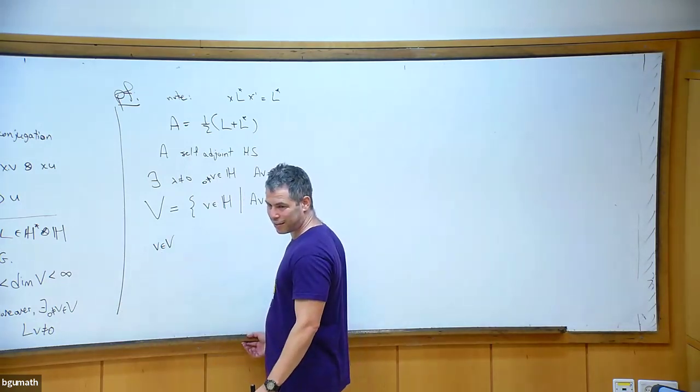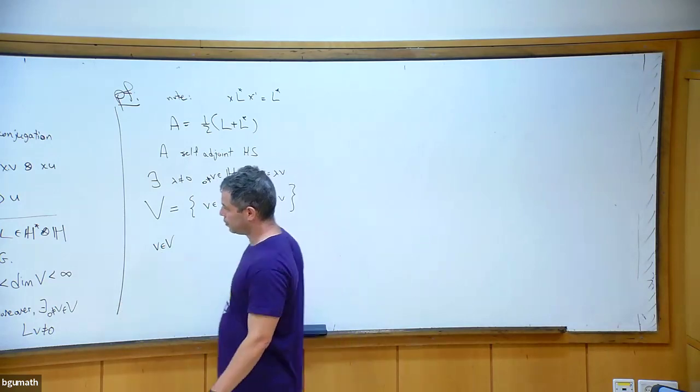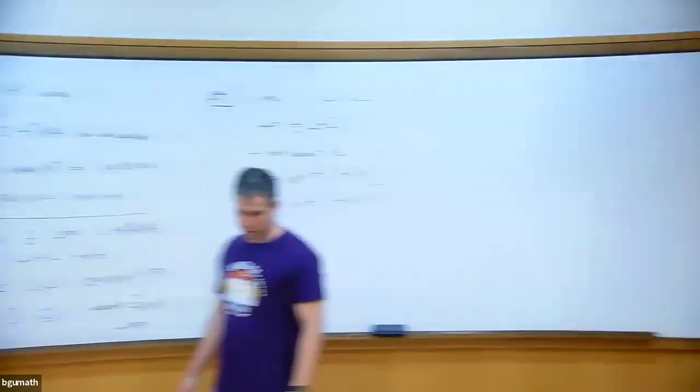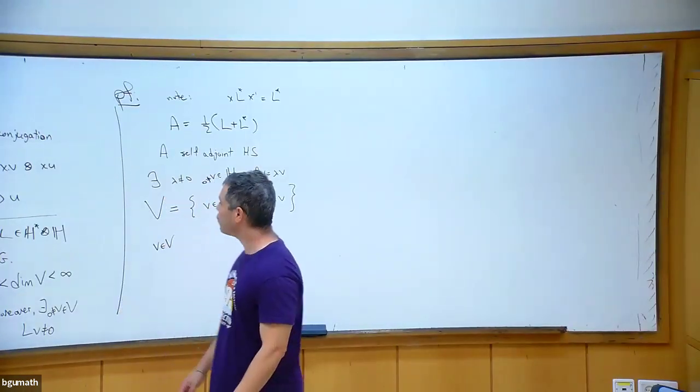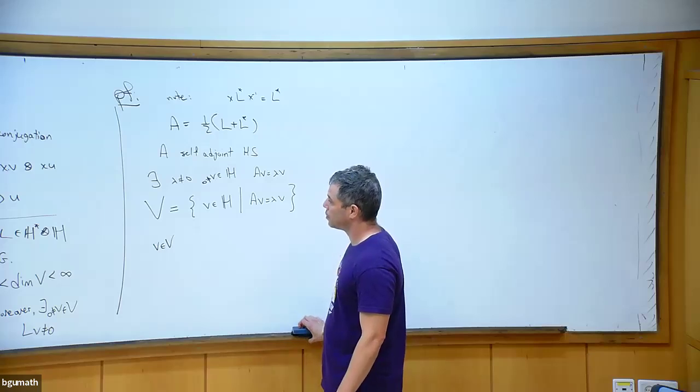We also need to know that A itself is not zero. If A is zero, then L is zero. But what if it would be that L equals minus L star, anti-symmetric?